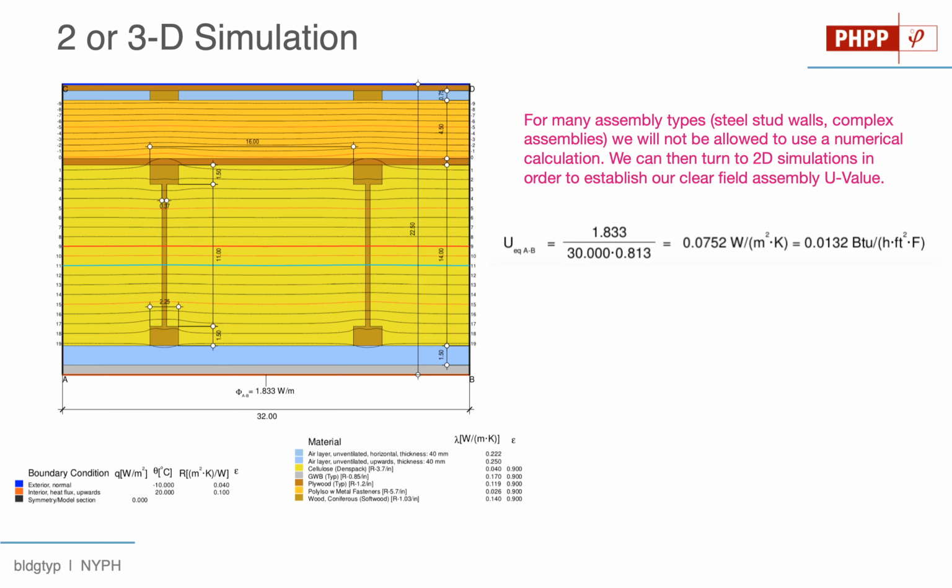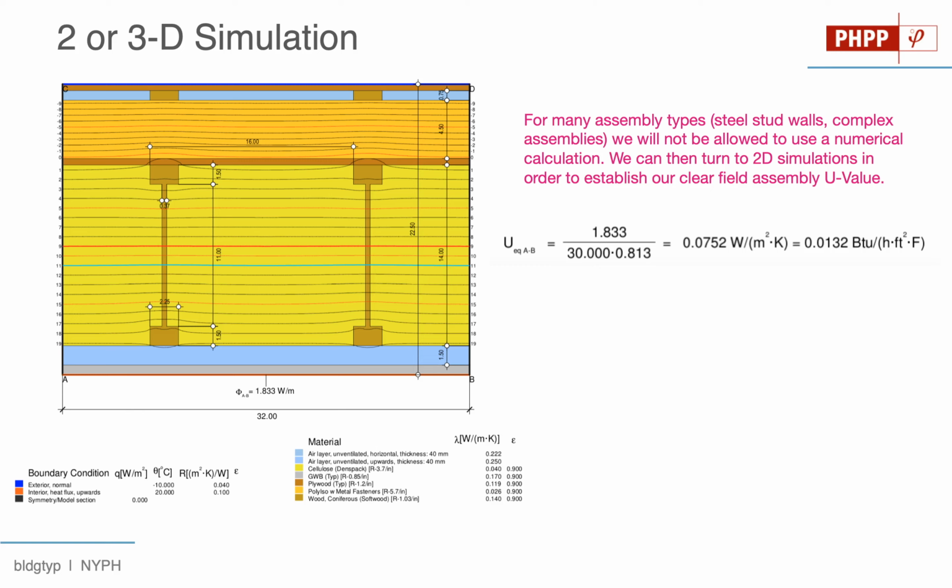Now, all that said, there are other methods, and in particular, there are certain assembly types which are going to require us to use alternate methods. So the numerical constructor method, the parallel path method, and the isothermal plane method are not going to be the appropriate solution for every type of assembly.